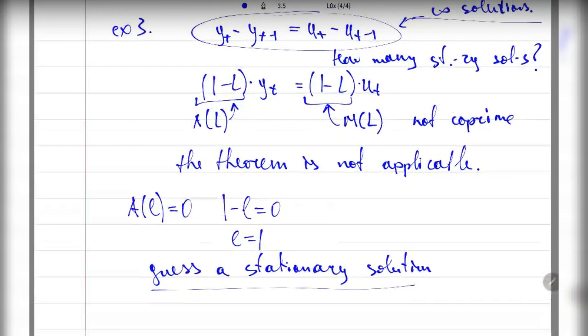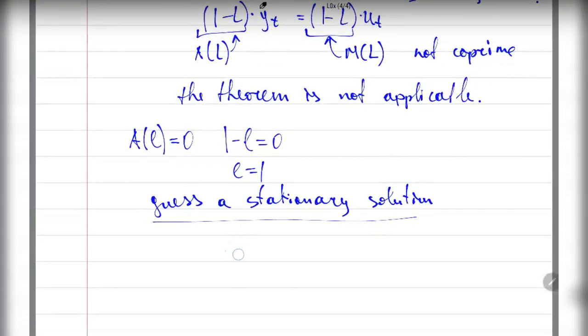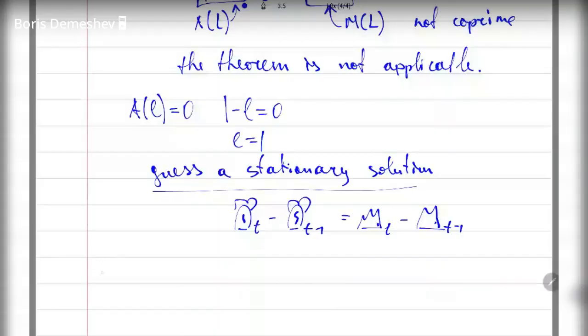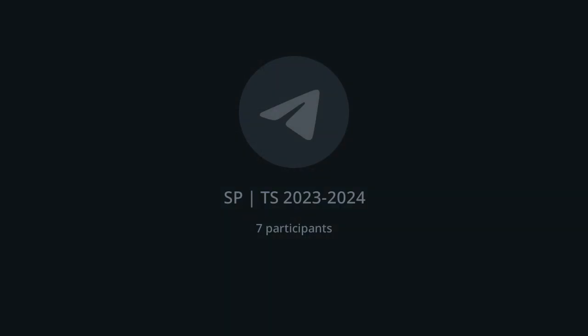Okay, let's see this equation. y_t minus y_{t-1} is equal to u_t minus u_{t-1}. Who can guess a solution? So we can guess a solution. For example, if I take the solution y_t is equal to u_t, that's a solution. That's an honest solution to this equation.